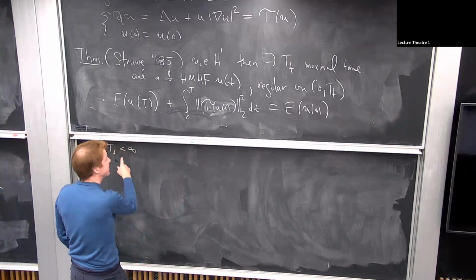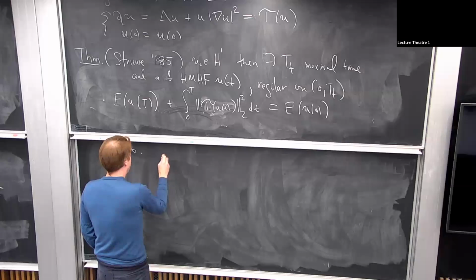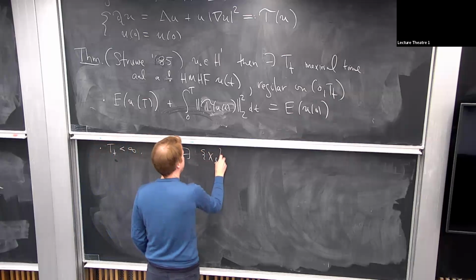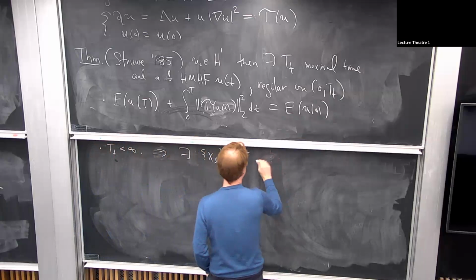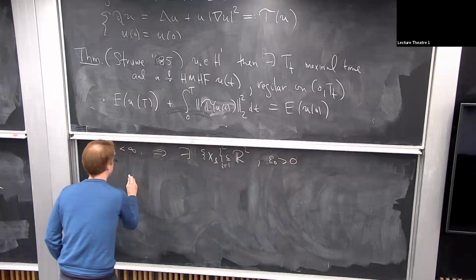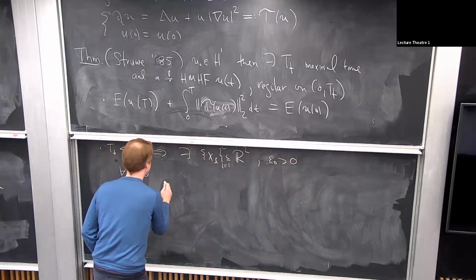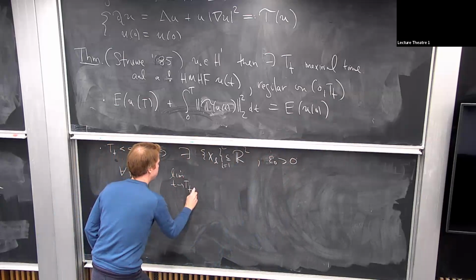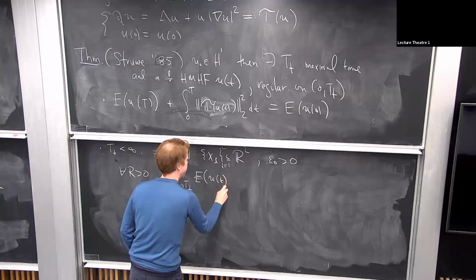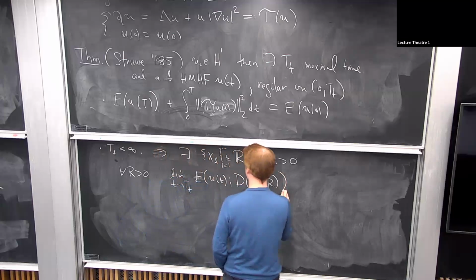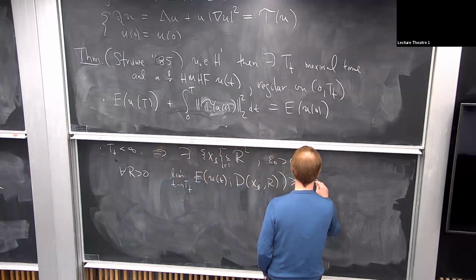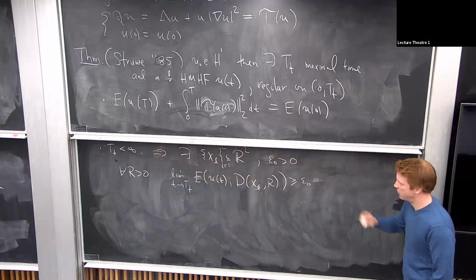T plus finite means there's energy concentration, characterized by the following: there exists a finite collection of points in R2 and an epsilon naught positive, such that for every R, the limit as t tends to T plus of the energy of u localized to a disk about these points of radius R is always bigger than epsilon naught.